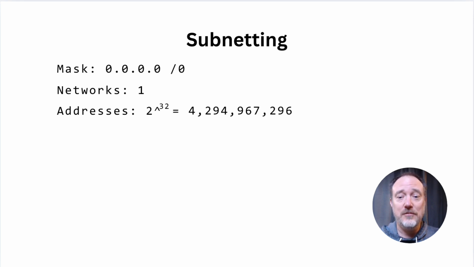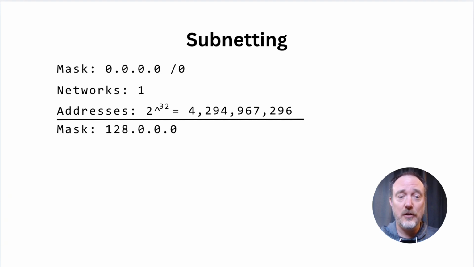That would translate to 4,294,967,296. Now, because we have a network ID and a broadcast address, we would only be able to assign IP addresses to 4,294,976,294 endpoints.